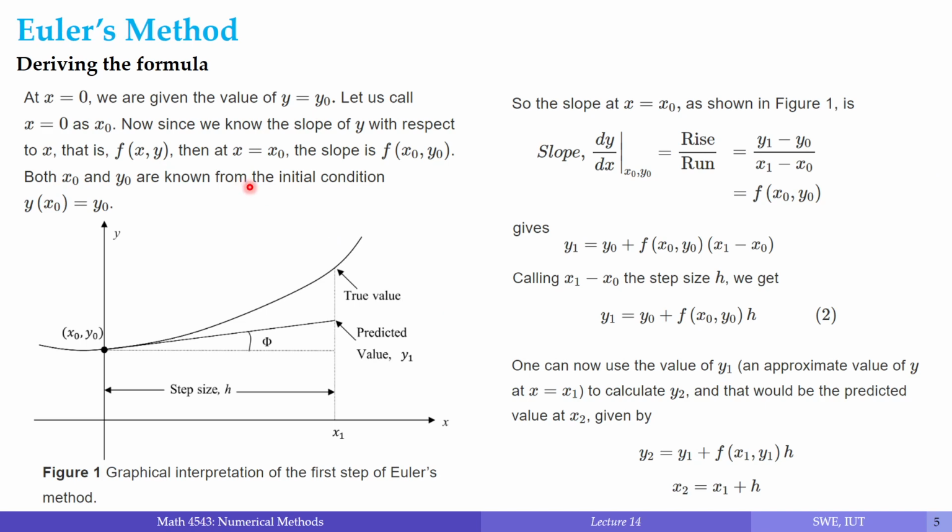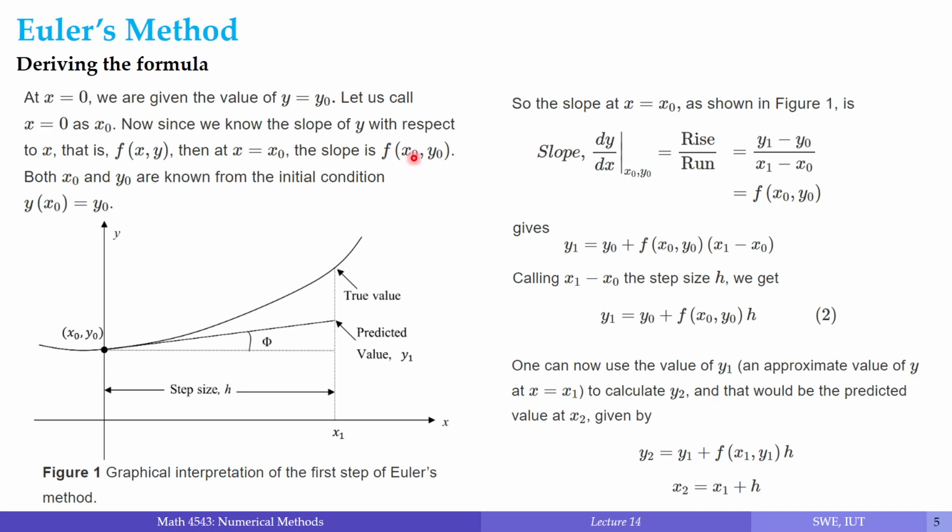This bivariate function f(x, y) denotes our slope, dy by dx, and we also know the initial values x naught and y naught and the corresponding functional value there. Which means we know the slope at that particular initial point.